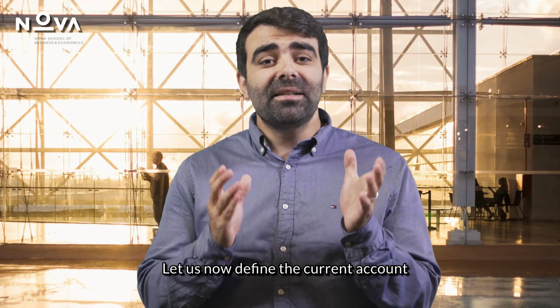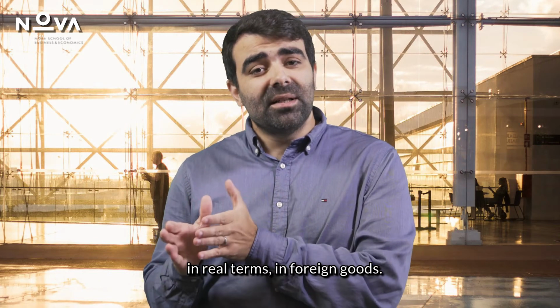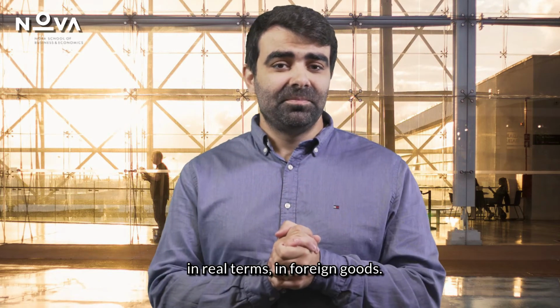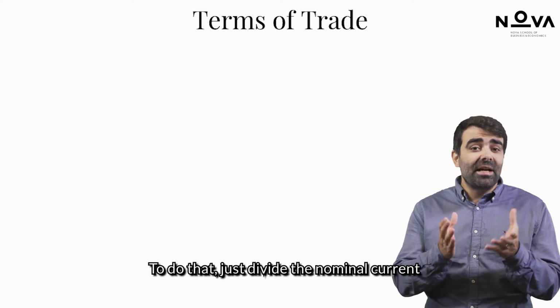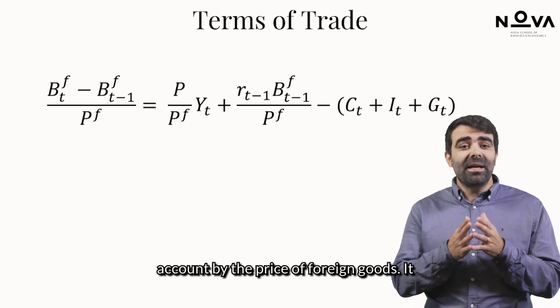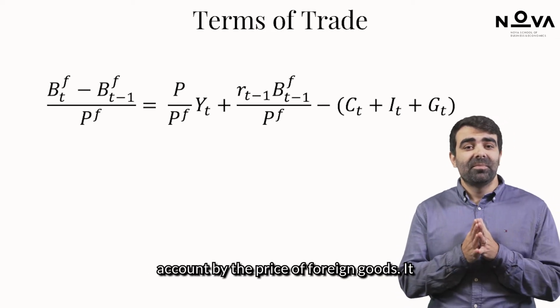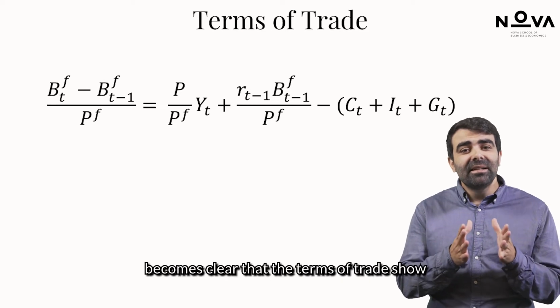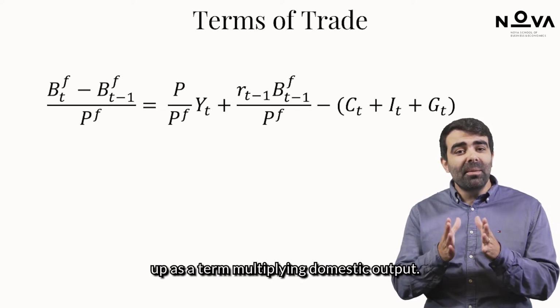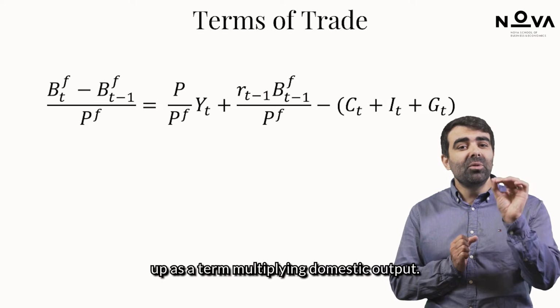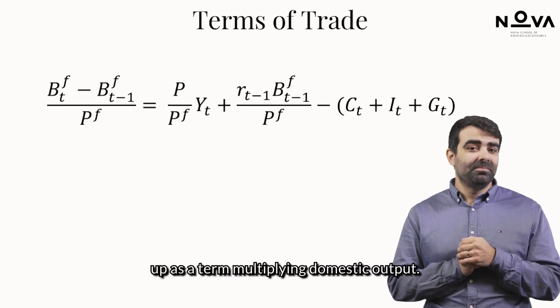Let us now define the current account in real terms in foreign goods. To do that, just divide the nominal current account by the price of foreign goods. It becomes clear that the terms of trade show up as a term multiplying domestic output.